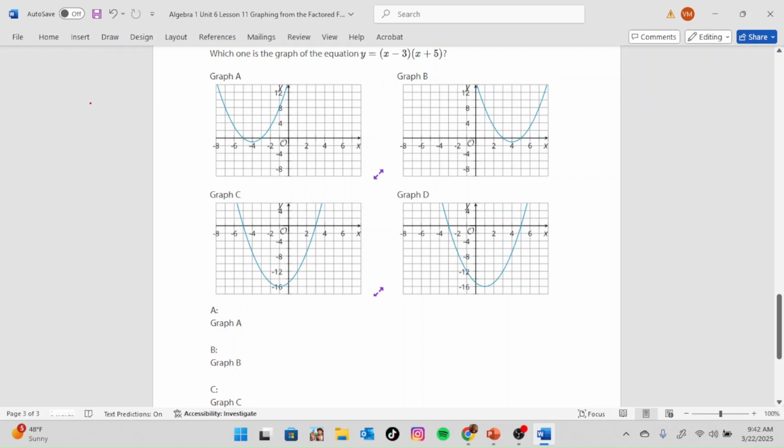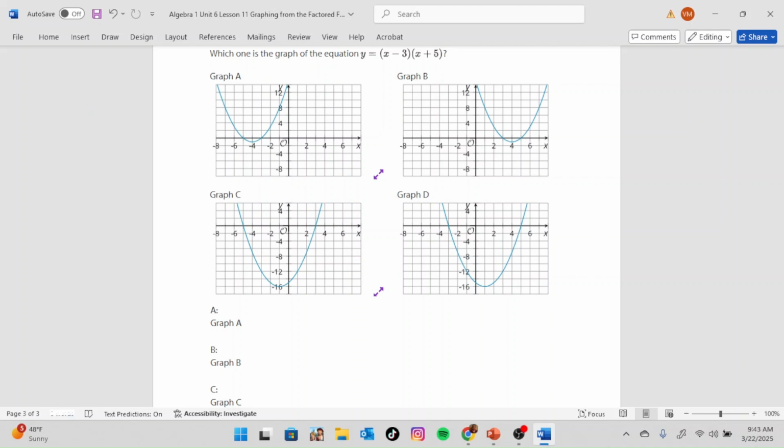Practice problem number 4. Which one is the graph of the equation y equals (x minus 3)(x plus 5)? So first, let's find the x-intercepts.